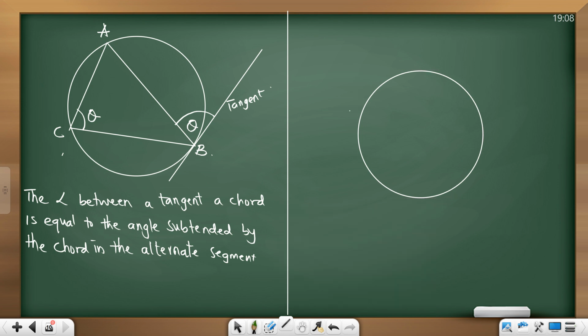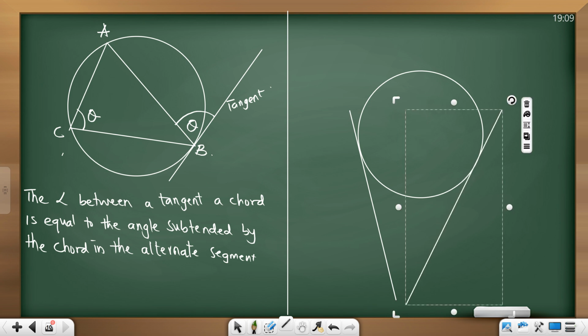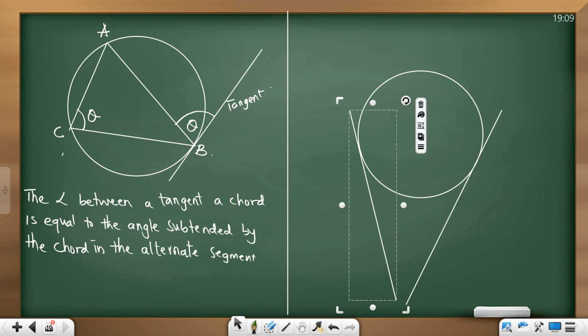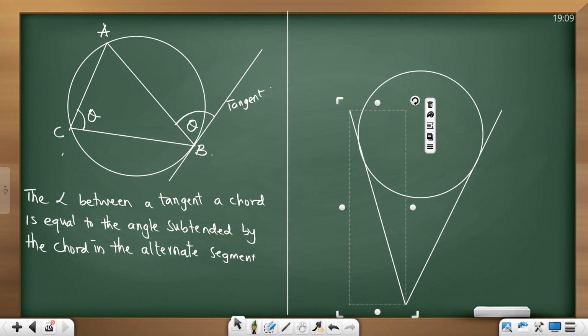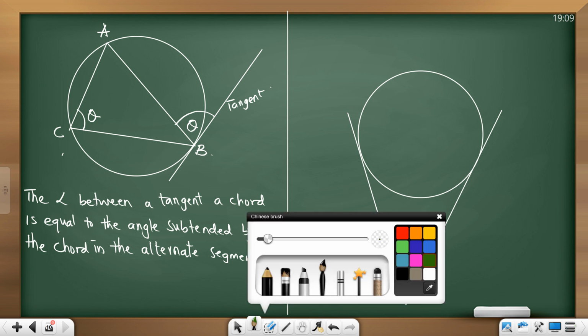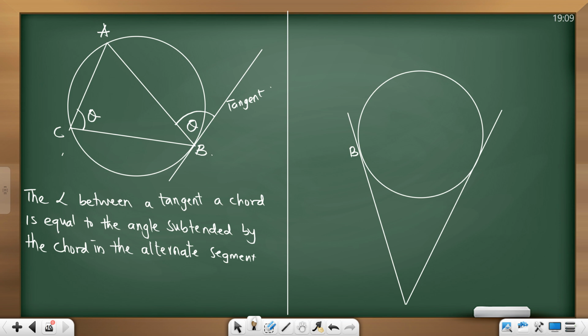Tangents drawn from the same point are equal in length. So we're saying that AB are tangents drawn from a common point.